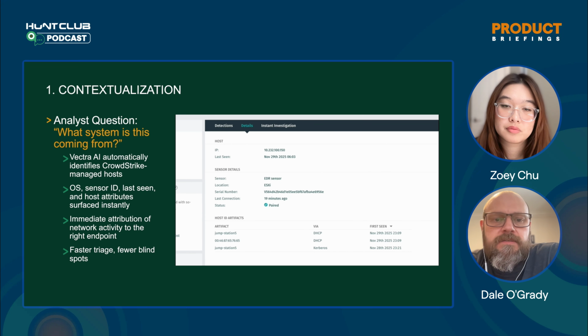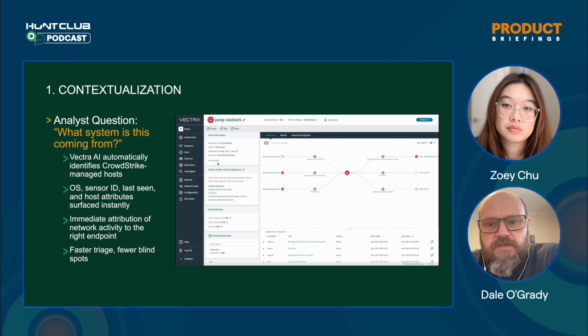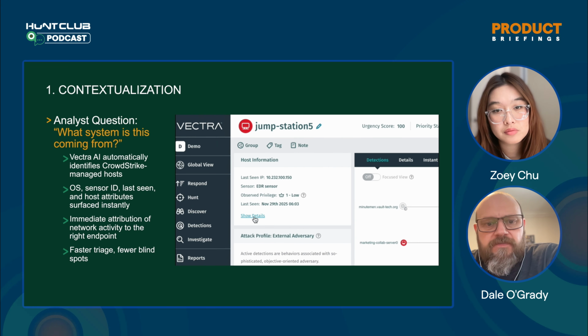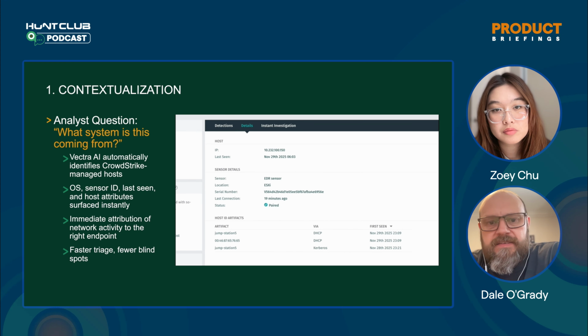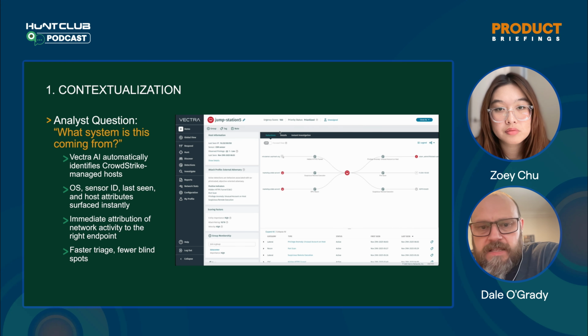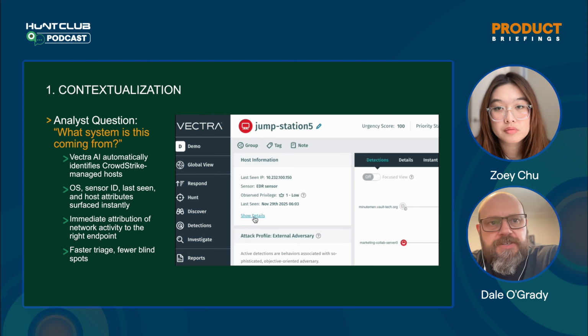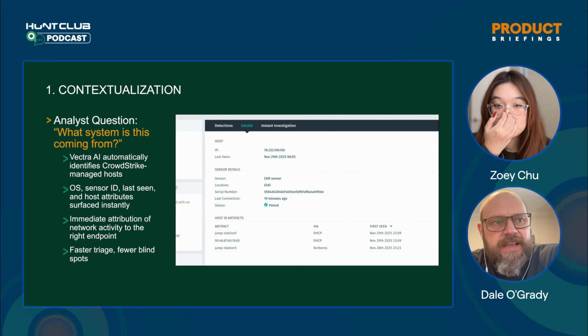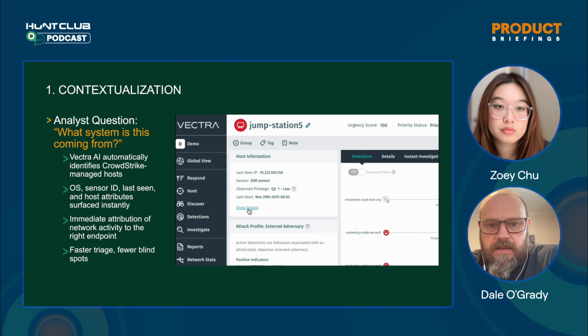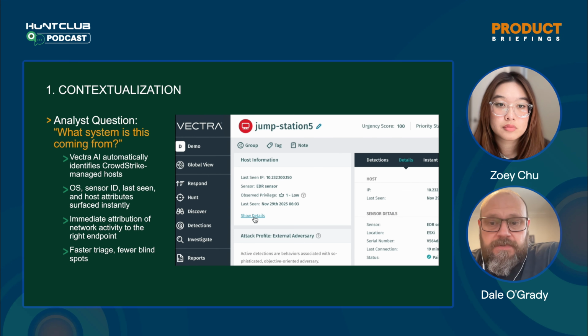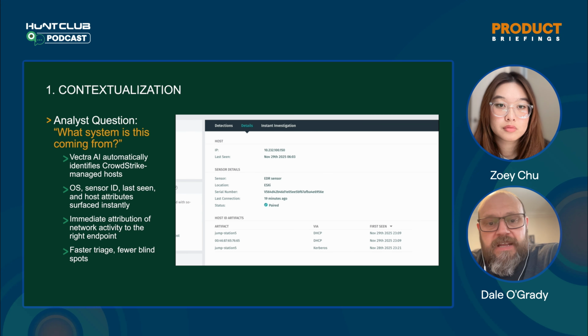And why it matters is that if we have suspicious behavior coming from a jump server in my data center versus someone's laptop, it doesn't mean they're not both threats, but when it comes time to triage and respond, I need to work on the one that drives everything urgently. In this case, that would be the jump server in my data center. So this really helps us eliminate that research phase and answer the question, what system is this?